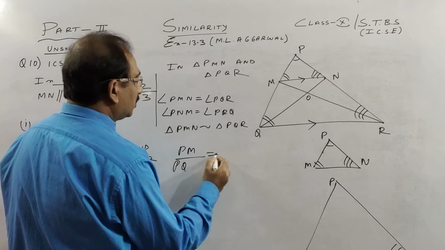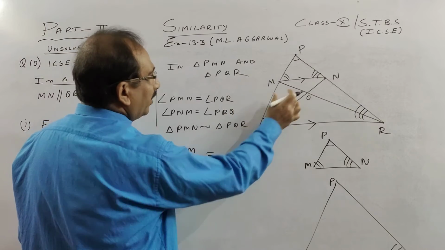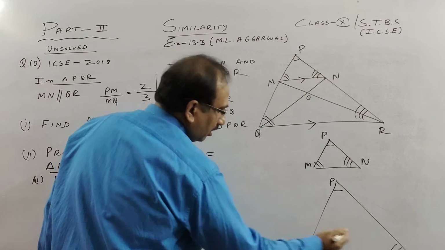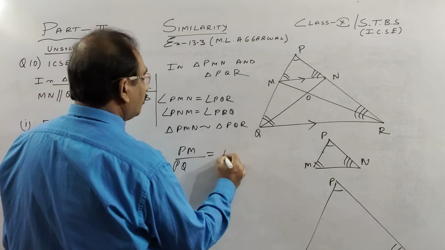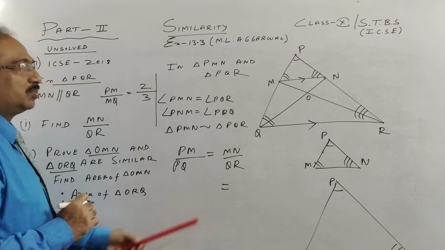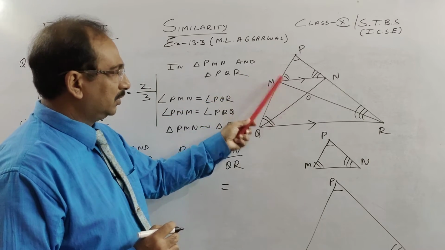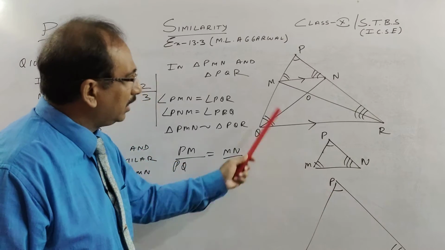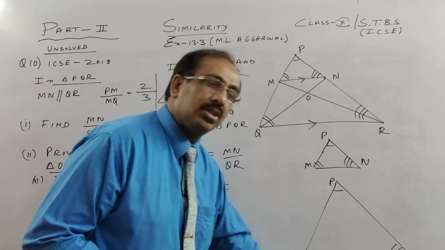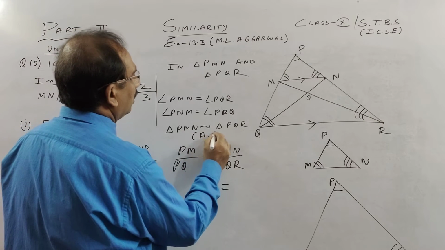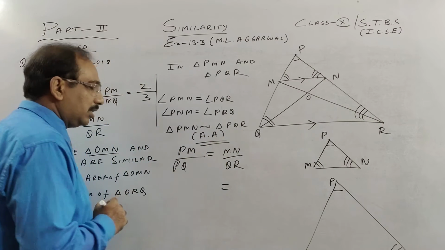So this is proportional to what we have to find, MN of this triangle, opposite to this, and opposite to this is QR. So this is what we have to find, MN by QR. Sides are proportional since the triangles are similar, by the rule of similarity.